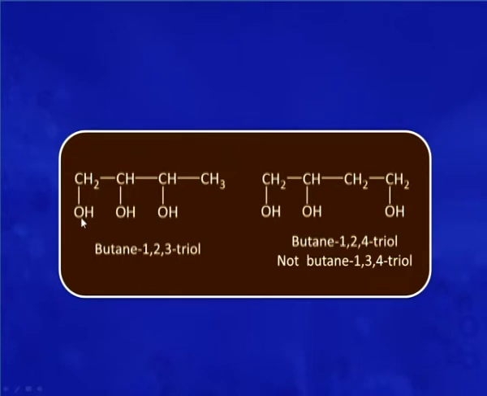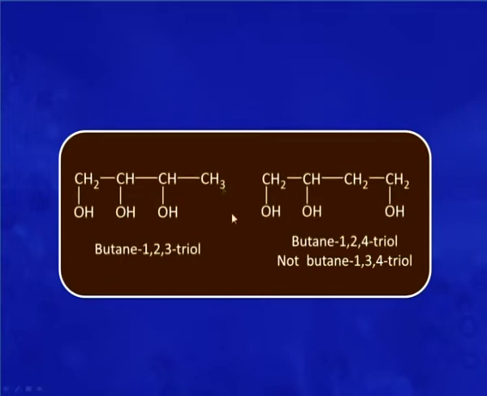So, the rule which we have discussed earlier will be followed, that is, the minimum number is given to the substituents, and that is why the right name for this molecule is butane 1,2,3 triol.